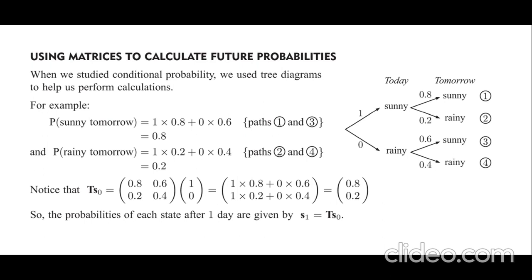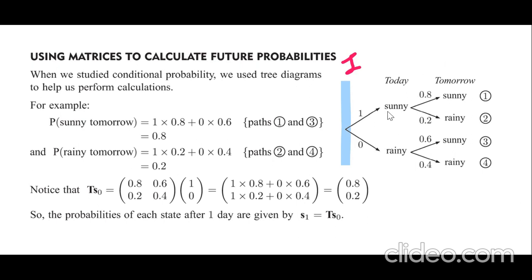So this tree diagram shows the initial matrix, 1 and 0. So this is S0, or I'll just write I for the initial part. So the initial matrix is 1 and 0. Today it will be either sunny or rainy. Tomorrow it can be today sunny and tomorrow sunny, or today sunny and tomorrow rainy.